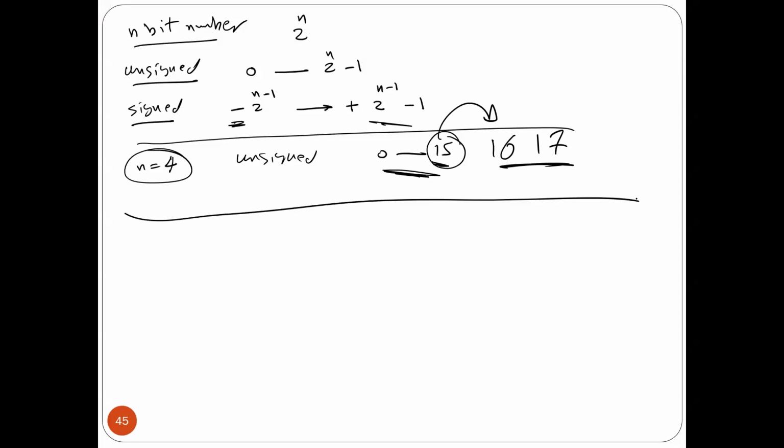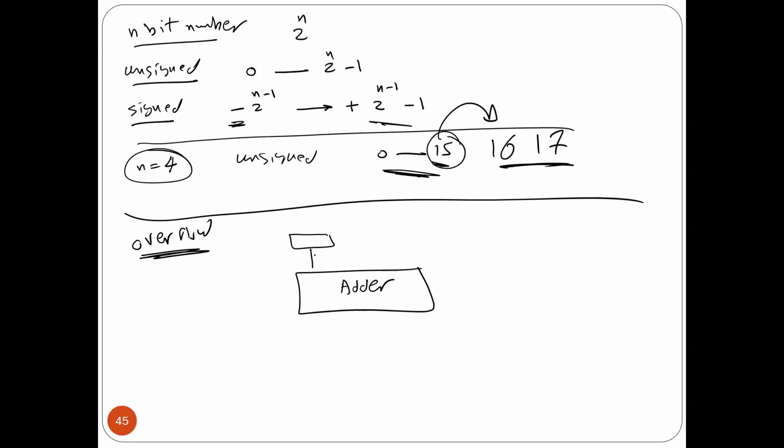Okay. So the next thing I'm going to teach now is something we call overflow. I want you to understand what overflow is. If you have a hardware circuit, this circuit can do addition, and I have two input numbers.